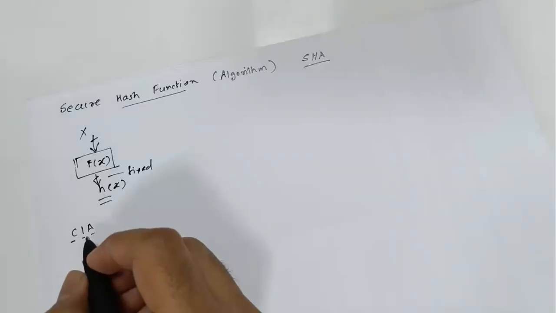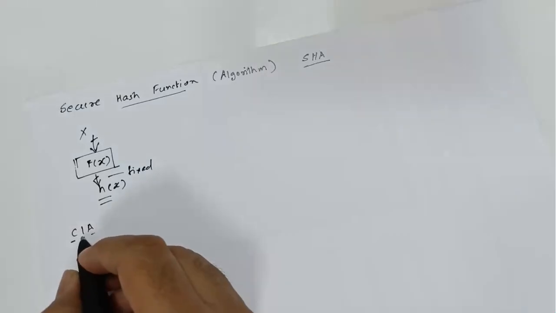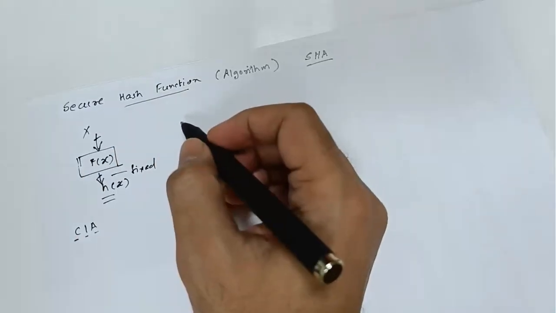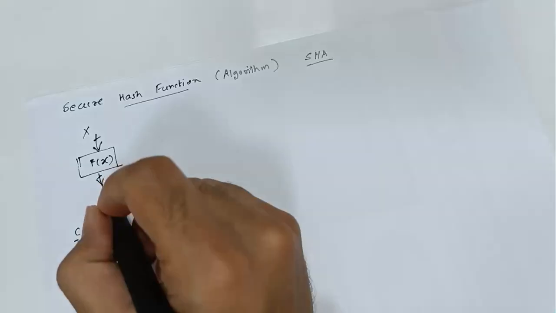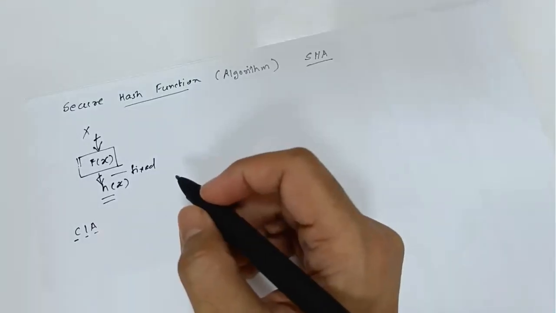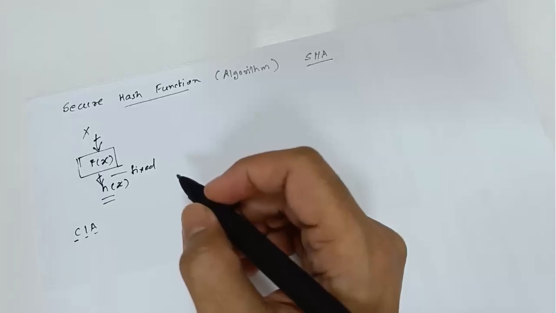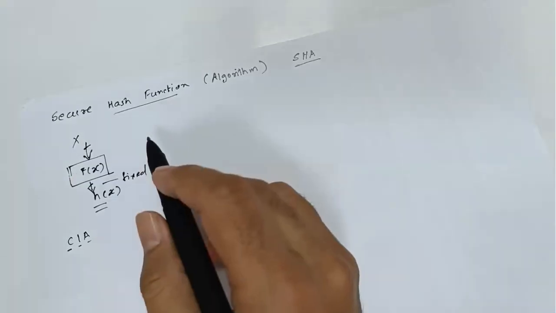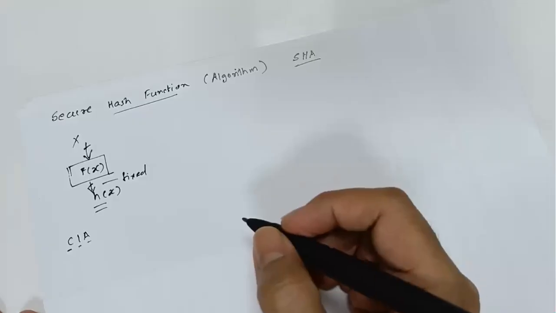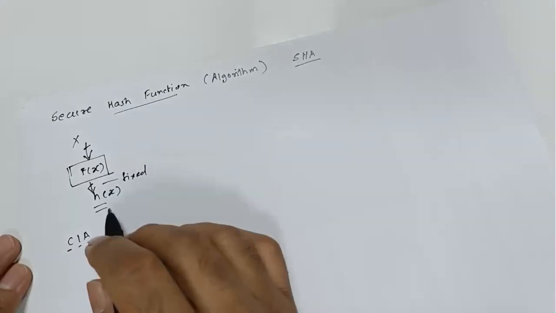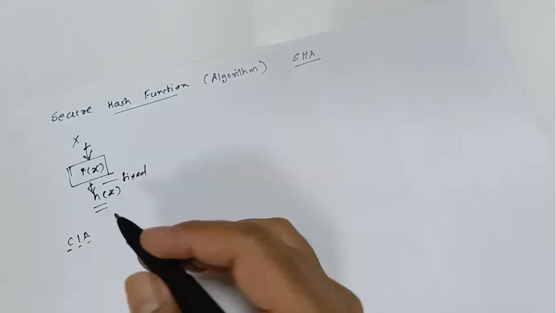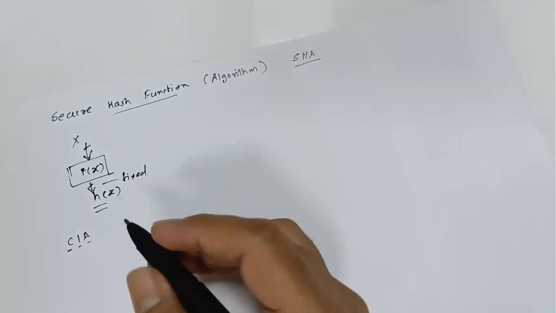Okay, so if you want to check whether the original X has been received at the receiver side, you calculate the hash value. And once the hash value matches with the original message, then you have achieved the integrity. There is no change in the original message. So this hash function is used for checking the integrity.